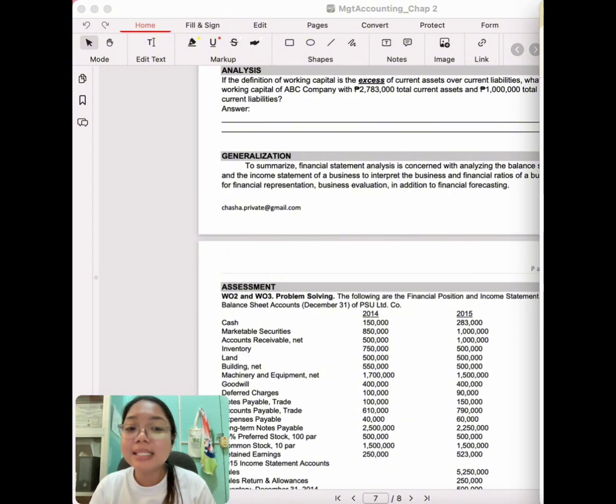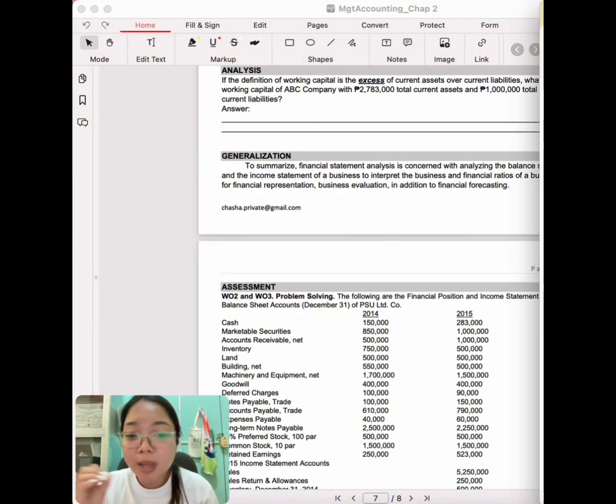Second, analysis gives meaning to that data. And third, ratios allow us to compare relationships between financial figures. And lastly, fourth, we should not interpret a ratio in isolation. We need to understand the business, and then we compare the periods and consider other relevant information.